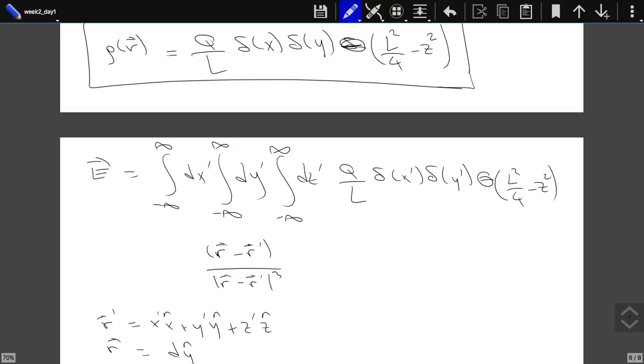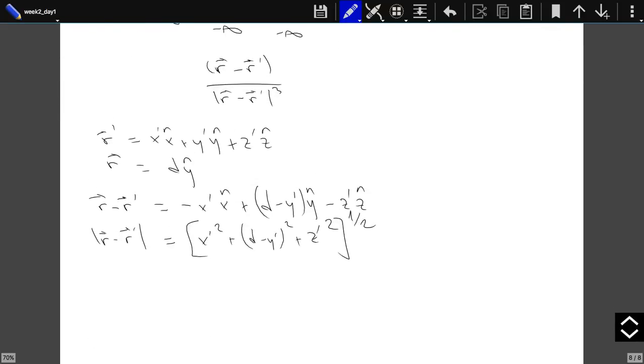Furthermore, this step function tells me that the z prime integral doesn't go from minus infinity to infinity, but only from minus L over 2 to plus L over 2. So the electric field is equal to Q over L times the integral over dz prime from minus L over 2 to plus L over 2.